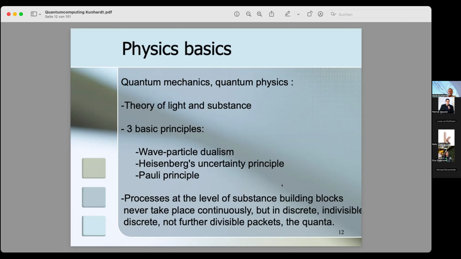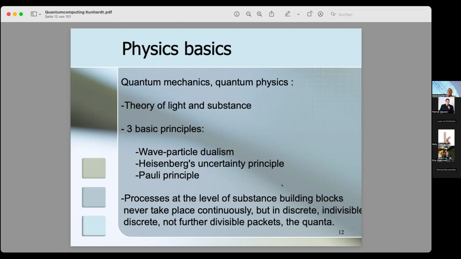Or how does light behave? Then Werner Heisenberg stated his uncertainty principle, and Wolfgang Pauli, also a famous German scientist, stated the Pauli principle.